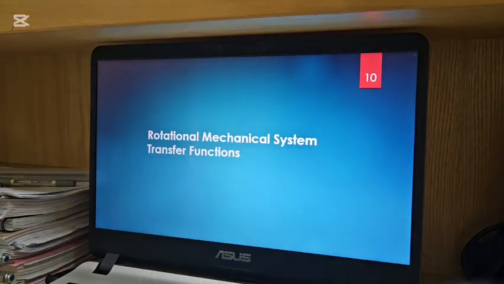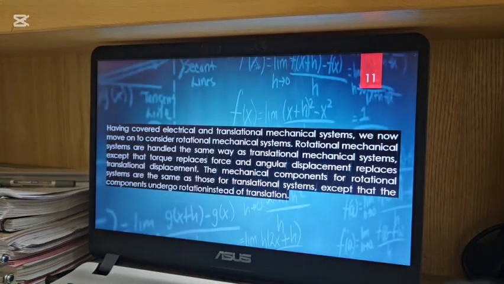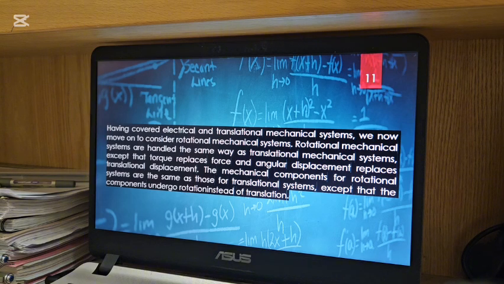We will go to the other section, which is the rotational mechanical system transfer function. Having covered the electrical and translational mechanical systems, we now move on to consider rotational mechanical systems.